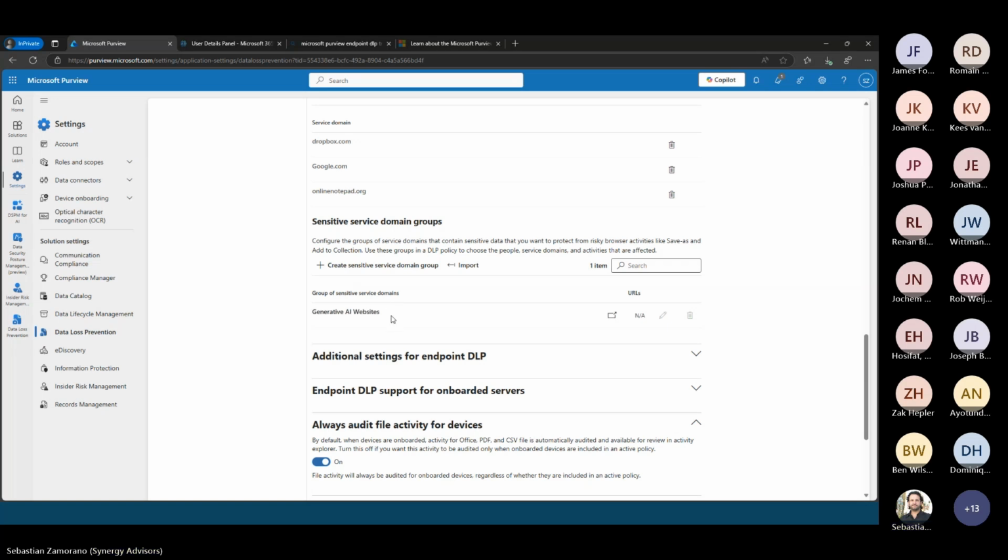In some cases, ChatGPT has an enterprise account that can be connected, or you can use your Microsoft 365 credentials, and that is captured. But if you are using it on your own, and if you're not using endpoint DLP, you will not be able to. We will come back to data loss prevention, but you will see that all the policies that are recommended, or several policies that are recommended from DSPM for AI to start capturing the data, are related to endpoint DLP.